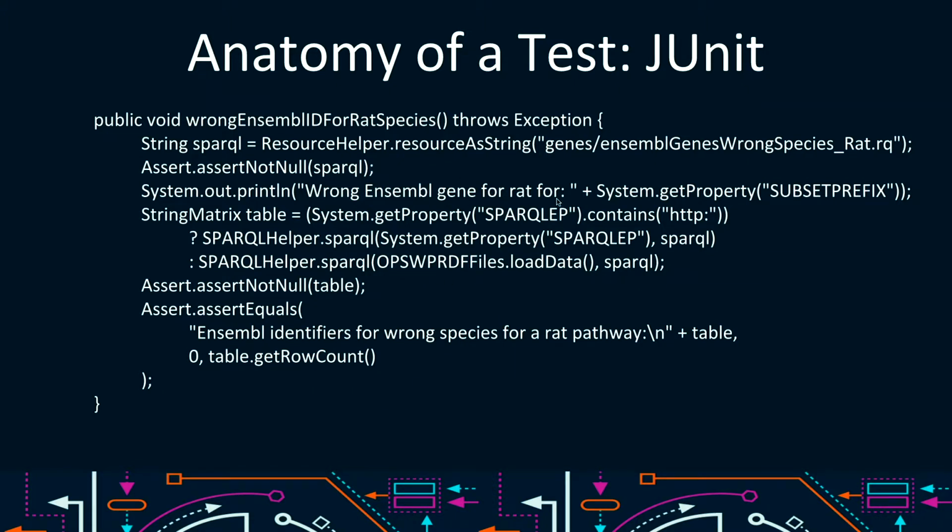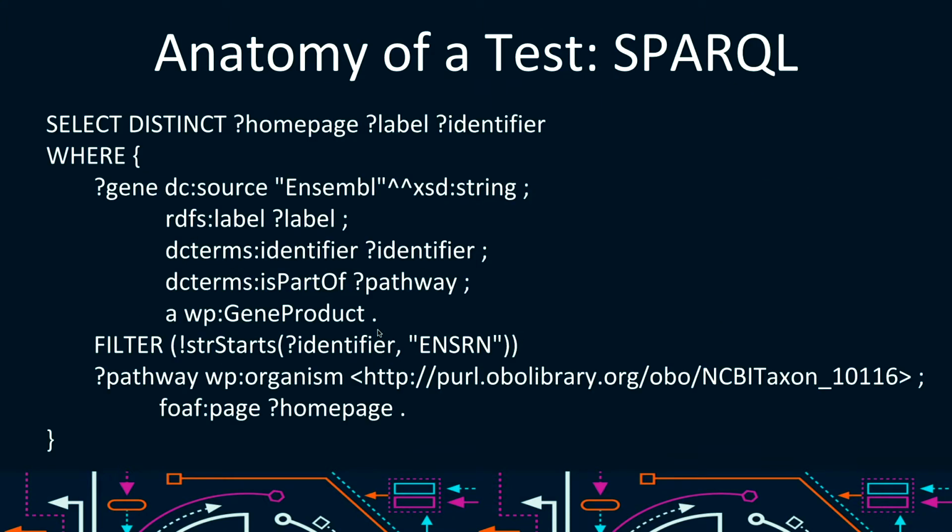This is what the thing actually looks like, and being Java code, there's a lot of post-processing that I can do as well, which you'll see on the next slide. This is an example of a SPARQL query, but very often we have to combine that. This one looks at anything with an Ensembl data source, and filters out all identifiers that do not have an Ensembl gene identifier.